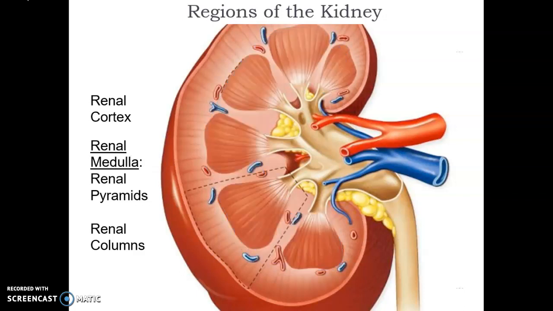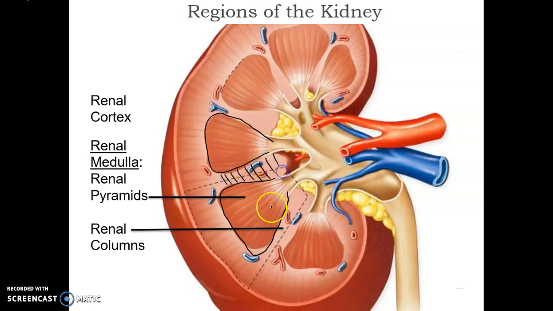And if you zoom into the renal medulla, you see renal pyramids. This is one pyramid. This is another pyramid. And in between the renal pyramids, in this area that I'm shading right now, is called the renal column. So to review, this outer part is the cortex.